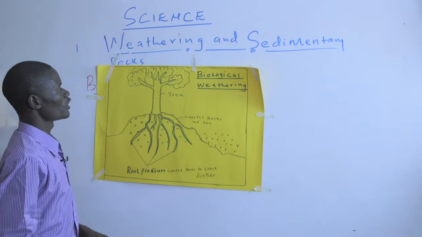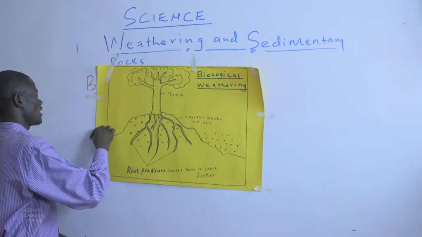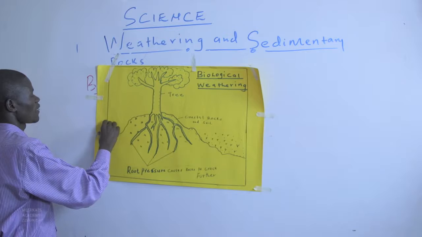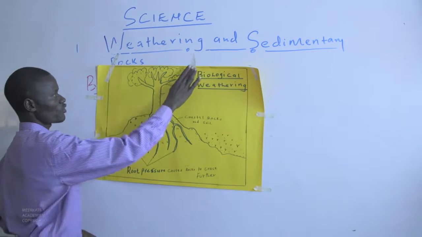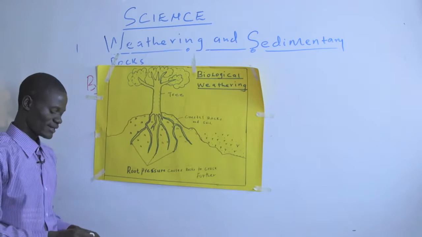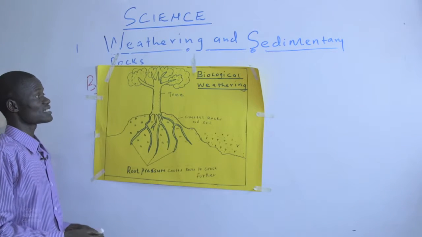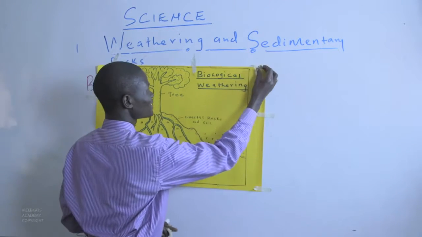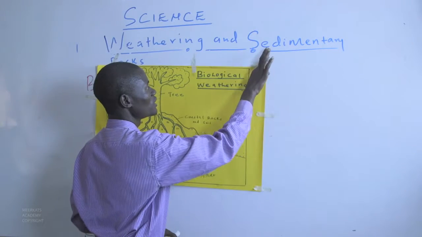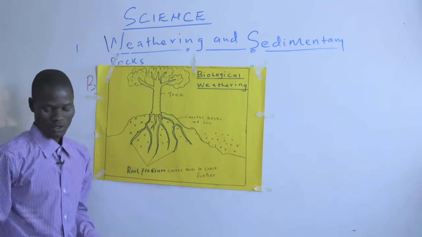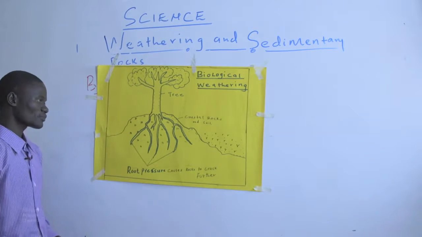When we look at this chart, we are able to see an incidence of biological weathering. Therefore, this is a representation of plants and how they work on the rocks.